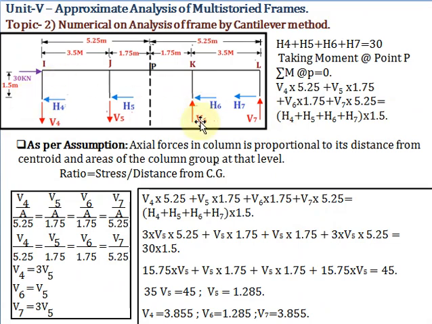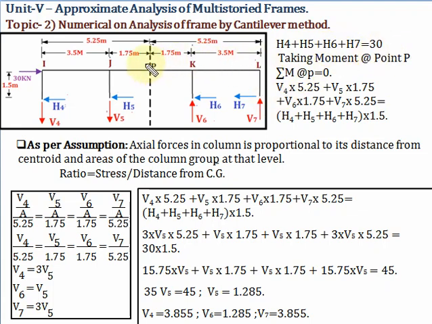Now after releasing the frame from node numbers 4, 5, 6 and 7, we will apply summation Fx equal to 0. So H4 plus H5 plus H6 plus H7 will be equal to 30.